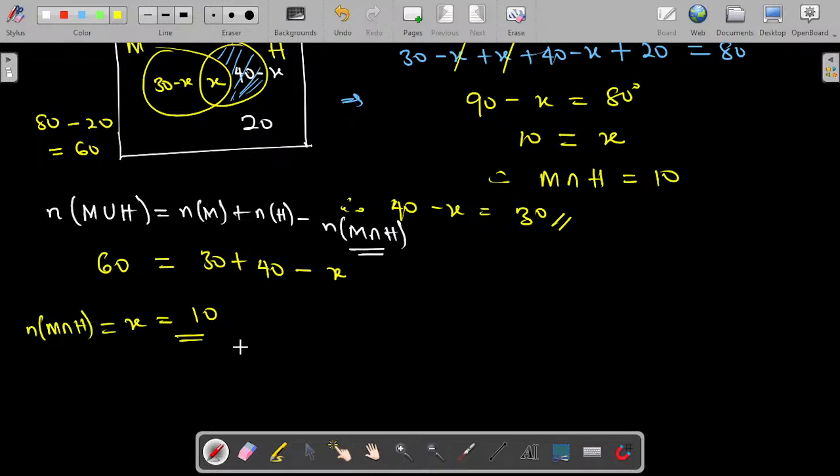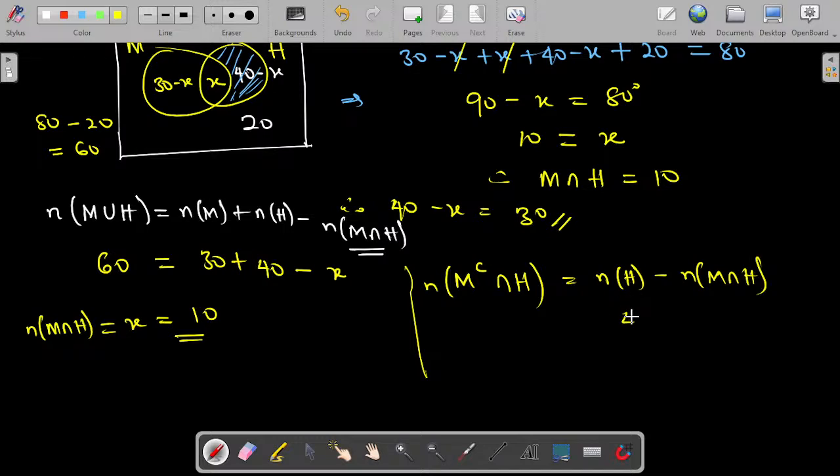And finally you will now get what you're looking for, which is the complement of M intersection H: people that did not do M but are doing H. That is what will give you what they're asking for. If you do that, it is equal to n of H minus n of their intersection, which is exactly what I did earlier. n of H is 40 minus n of the intersection, which is 10.